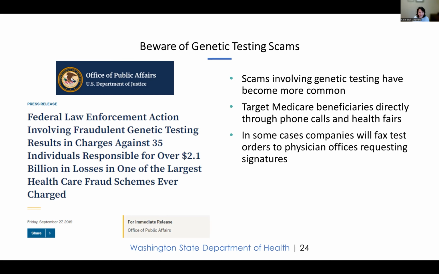So be aware also that while there is a lot of good that can come from the testing that's happening in this space, there's also some bad actors that are unfortunately preying on Medicare beneficiaries around genetic testing.